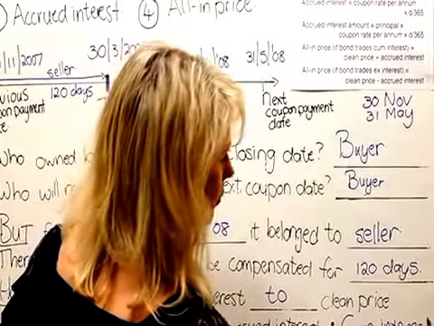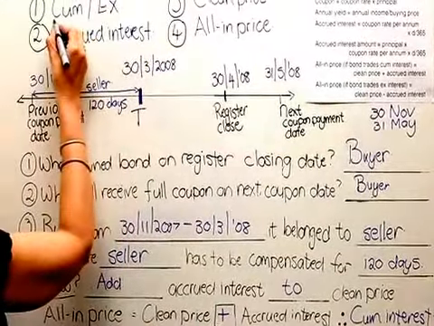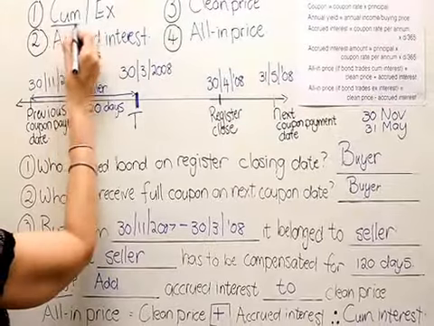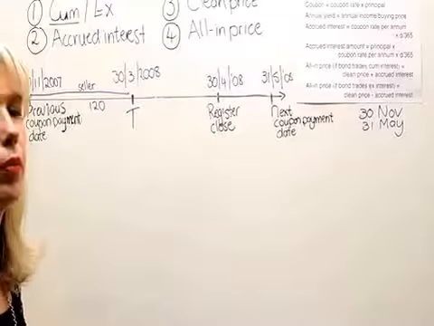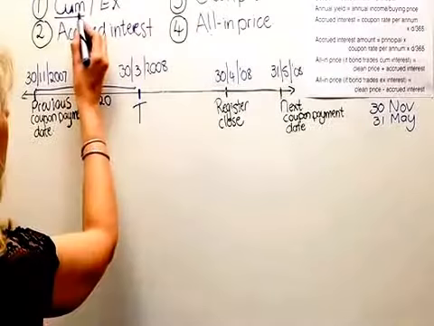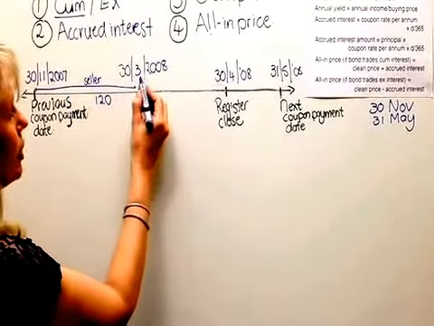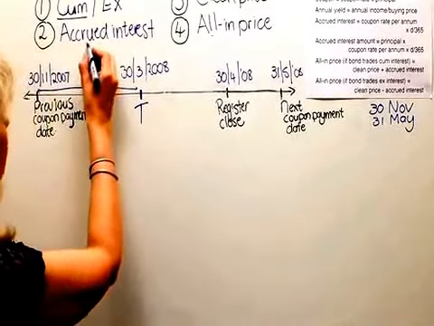Therefore, we have done the first thing. We've decided that this bond is going to trade cum interest on the 30th of March 2008. So now we have to do step number 2.